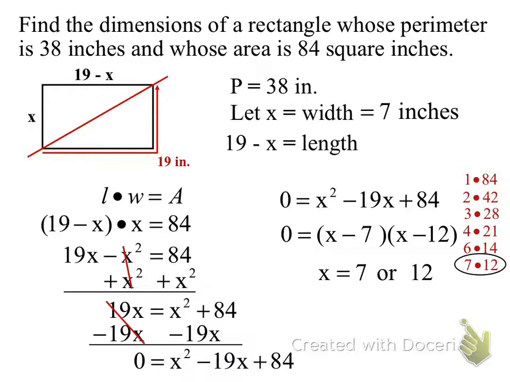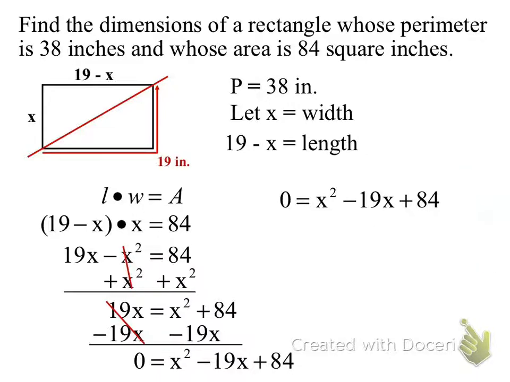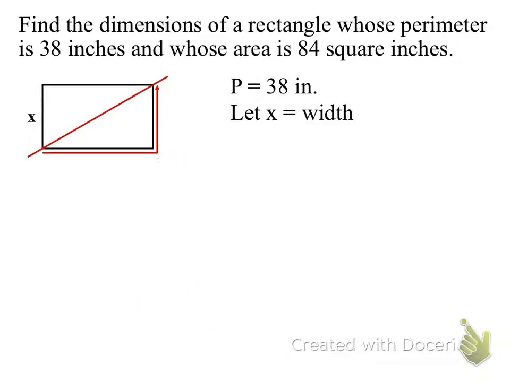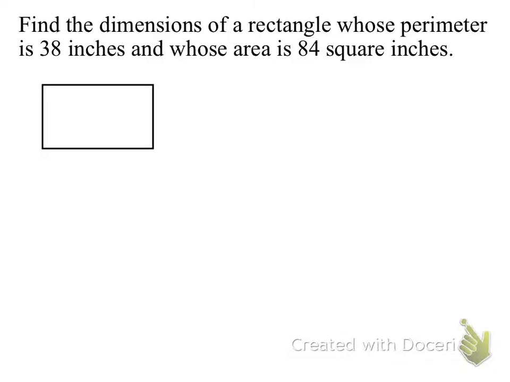Okay, well, we didn't know what the width was. Let's just go back really quick. All we know is this plus this plus this plus this equals 38. Right? So, if that's the case, what if I just took 2 of the sides?